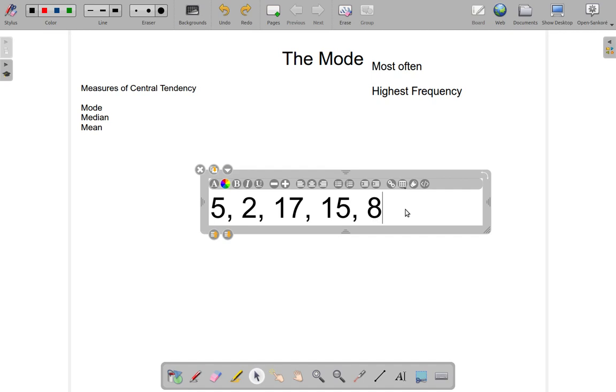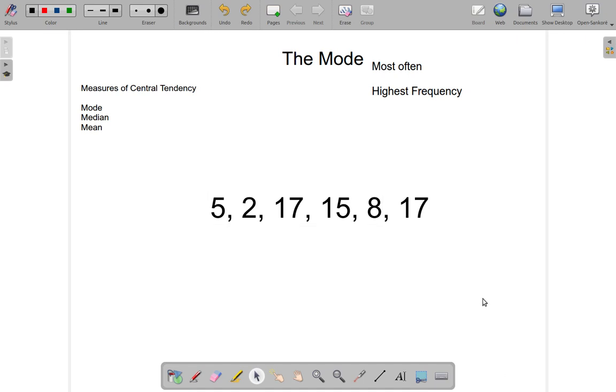So let's go on and try again. 17. Now what is the mode? Let's see. I see 17 two times, and the other numbers are there only once. So 17 is the mode. Alright?